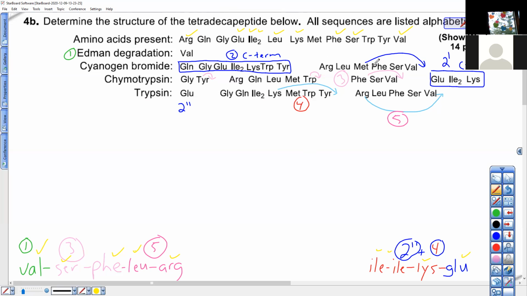Look, 1, 2, 3, 4, 5, 6, and I've got the other 5 already over here. Met goes there. I don't know what color to make it. I'll go black. Check.